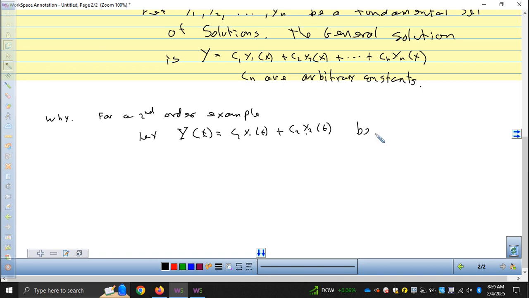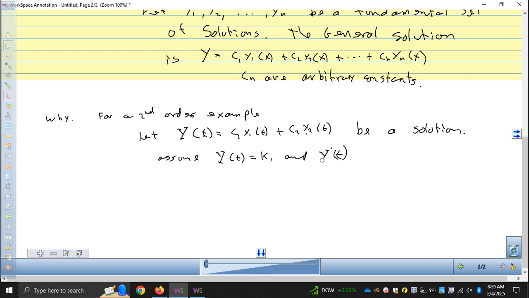And we're going to let that be a general solution. And this is a solution to a second order linear homogeneous differential equation. And we're going to assume capital Y of t equals k1 and capital Y prime of t equals k2 for some t.